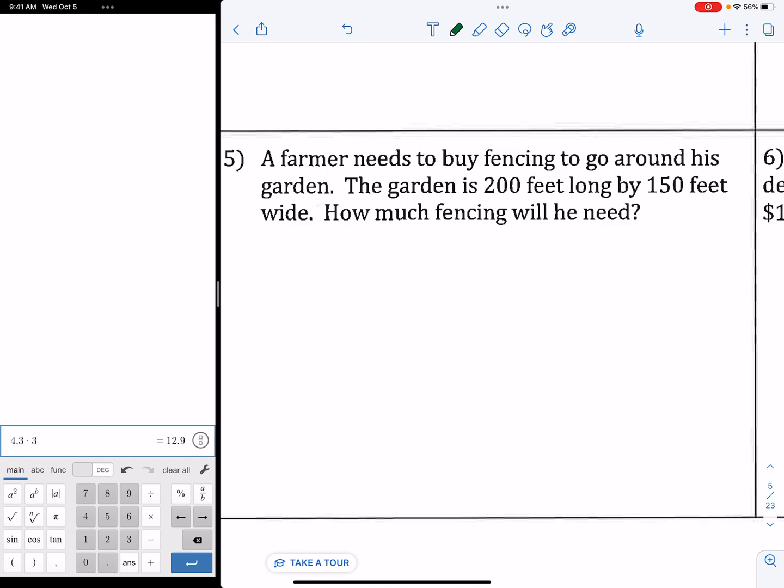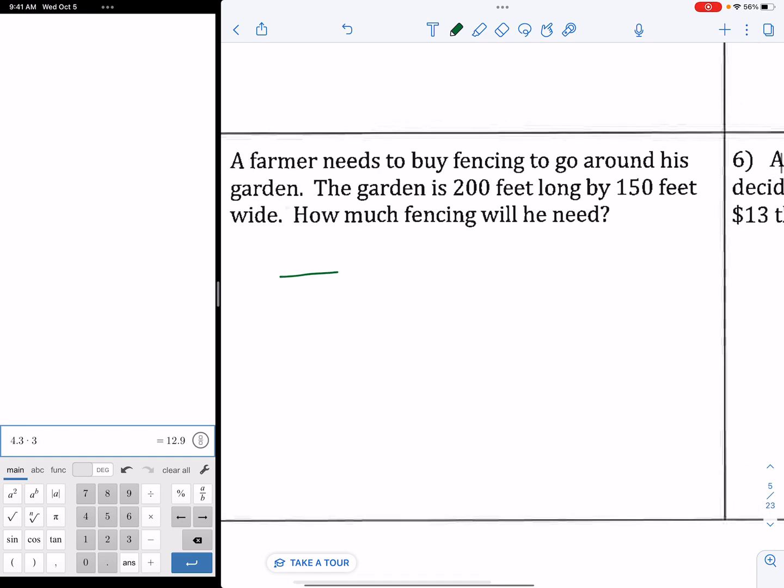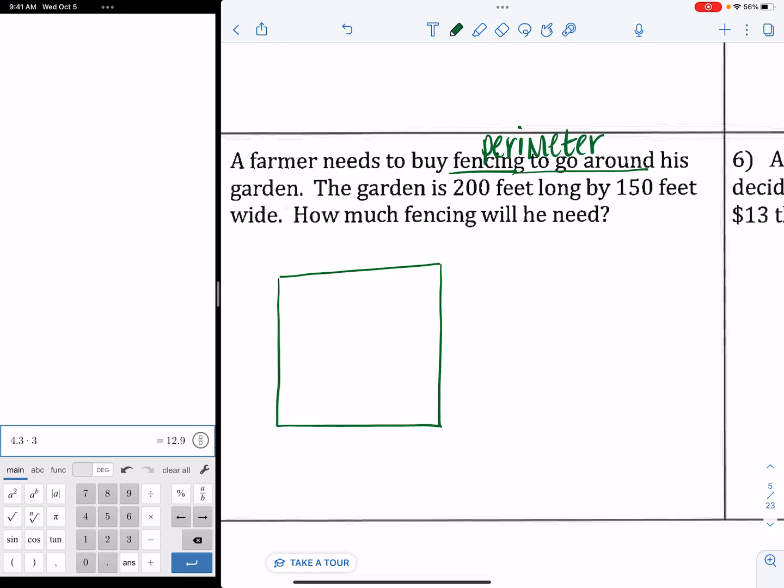Well, when I hear about fencing, I immediately think perimeter, especially when we talk about going around. And I remember that perimeter means I add all the sides.